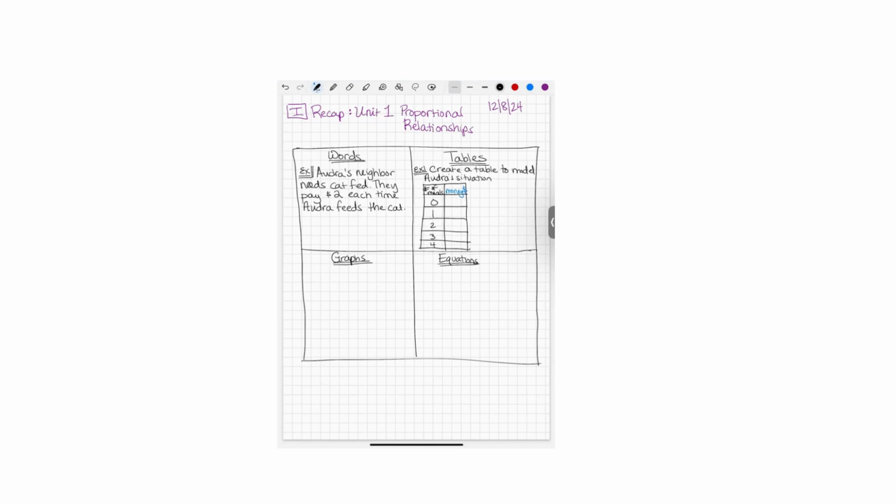And then I want you guys to fill in the money side based on our word problem. And then we'll check it in just a second.